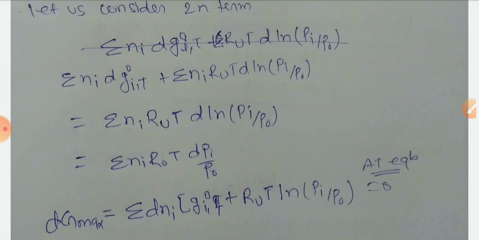So finally the maximum Gibbs free energy change equals the summation of dNi into Gi naught(T) at constant temperature plus Ru T ln Pi by P naught. This is our final equation at the equilibrium condition. So thank you.